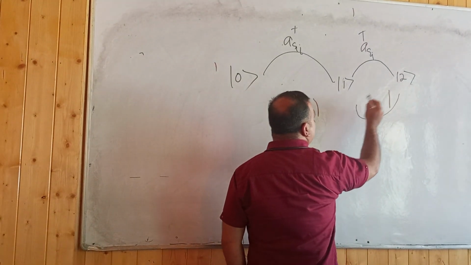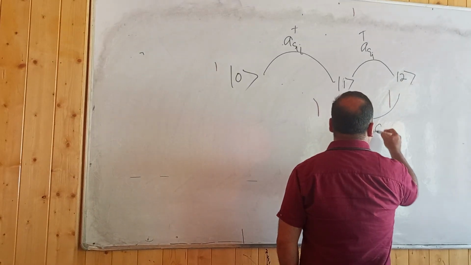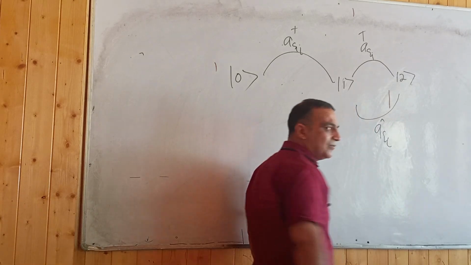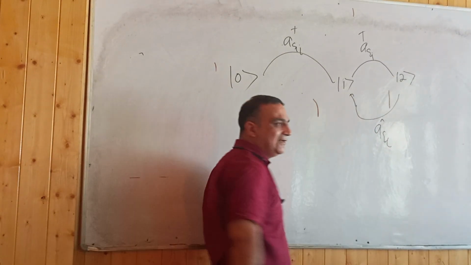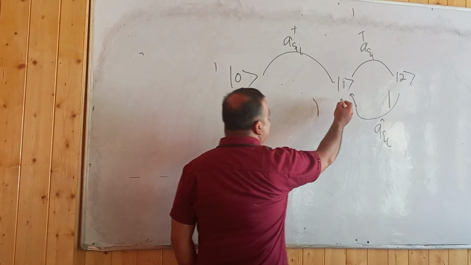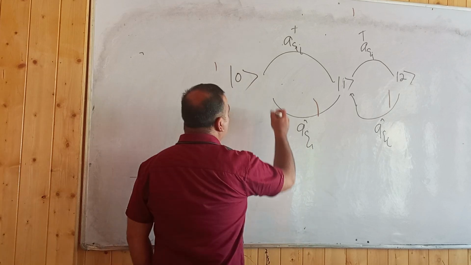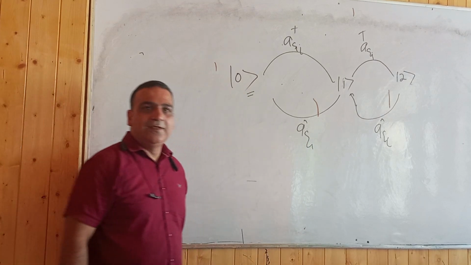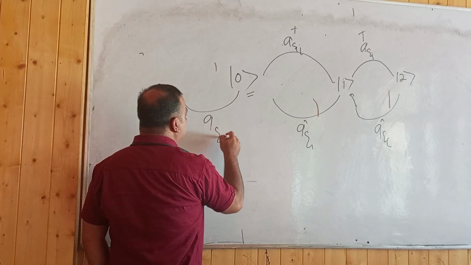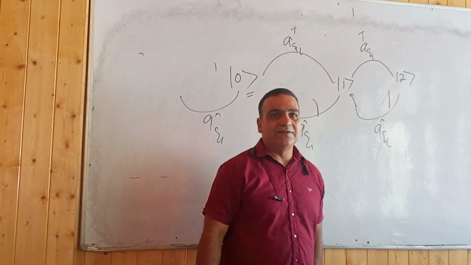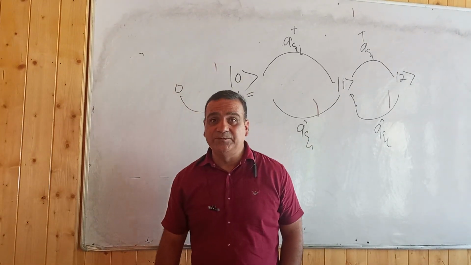If you have two particles in your quantum state and you use an annihilation operator, you will reach the one-particle state. If you again use the annihilation operator a_i, you go to the vacuum state. And if you again use an annihilation operator here, the result will be 0, because you don't have any particle in the vacuum state.